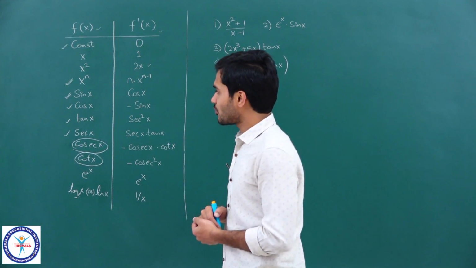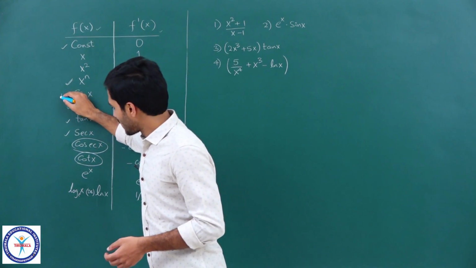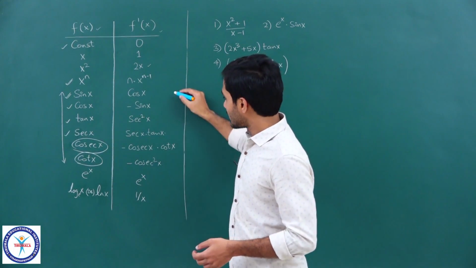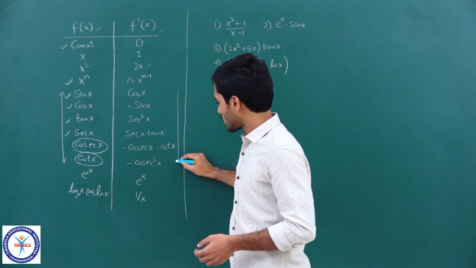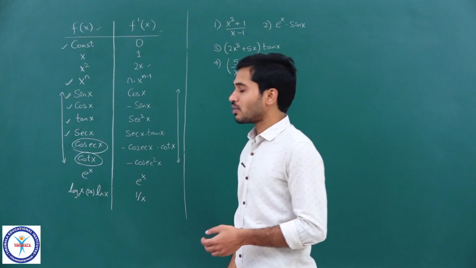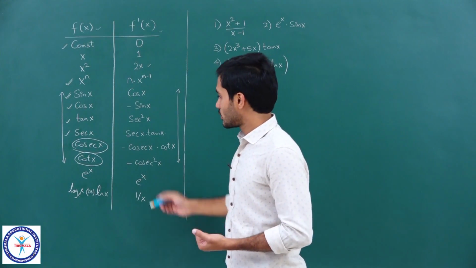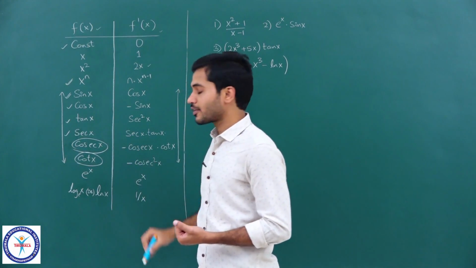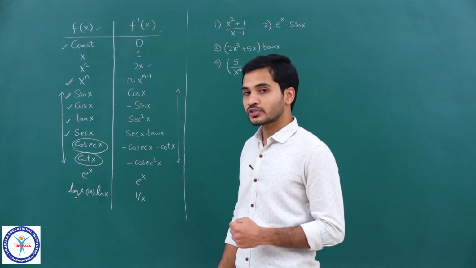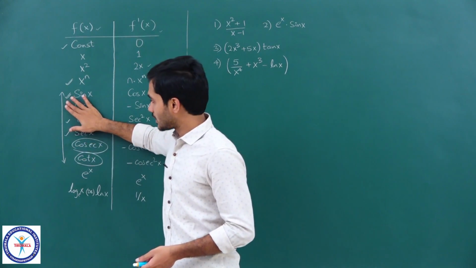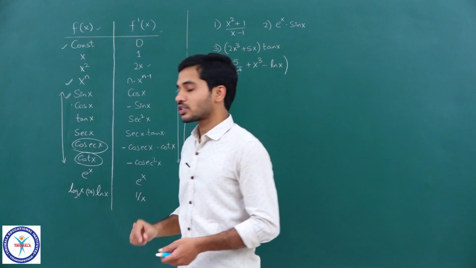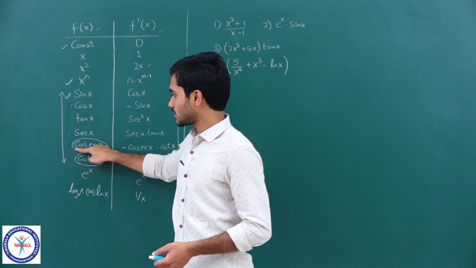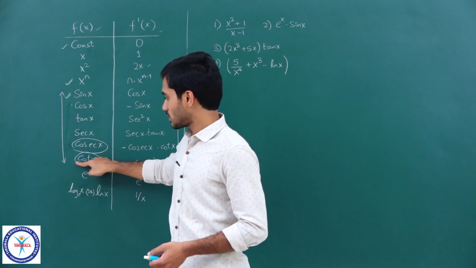Then, if you observe closely, if you look at these trigonometric functions, these 6 functions which I have written and their corresponding derivatives which are over here, there is one pattern which you will observe, right. We have negative sign for 3 of them, the derivatives are negative for 3 of those, and if you observe closely, for all those trigonometric functions which start with c, cos is starting with c, cosecant is starting with c and cot is starting with c.